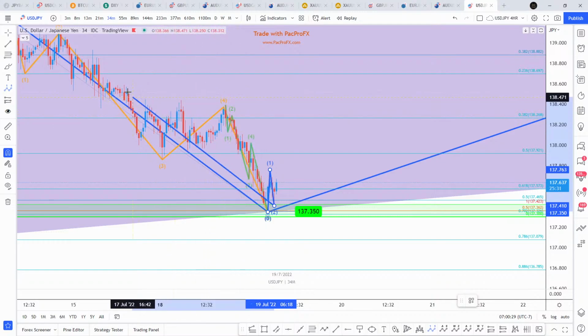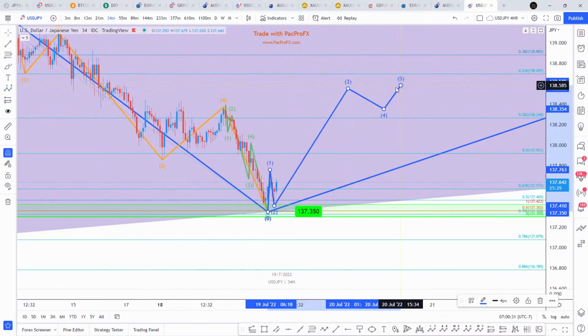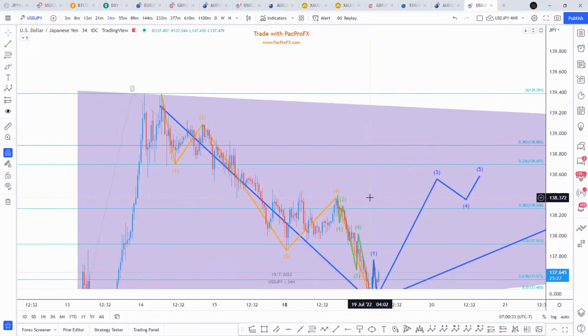That's been taken out already. Let's see. Wow, we're not getting all this choppiness. This one here is not strong enough.